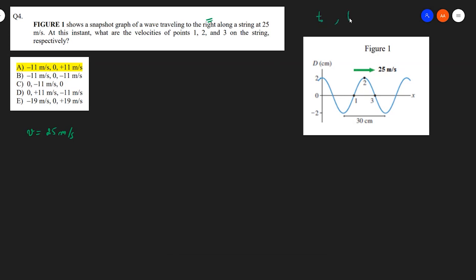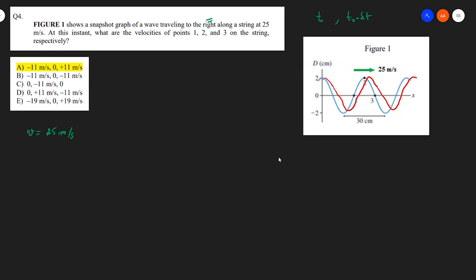At an instant t0 plus dt, so after a small time, this wave, since it is traveling to the right, will be something like this. There is just a shift in the wave. So after a small time, the wave will look like this red curve here.